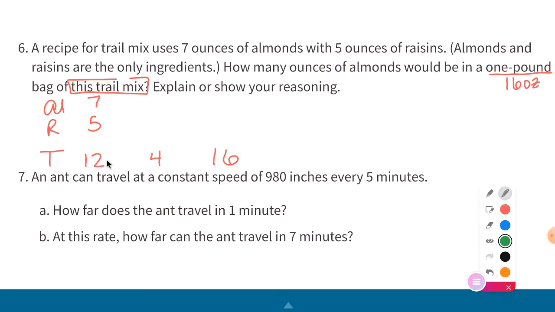So he's saying from here to here, I can divide by 3 and then multiply by 4. Okay, so I can get my total to 16. What is it wanting me to figure out? Just the almonds. So I go to almonds, I divide by 3, get an answer, and then times 4.